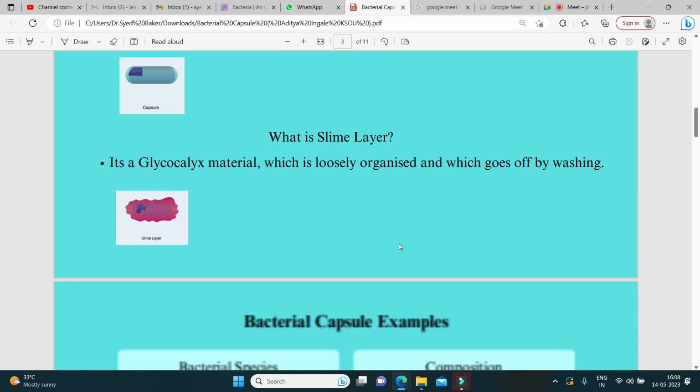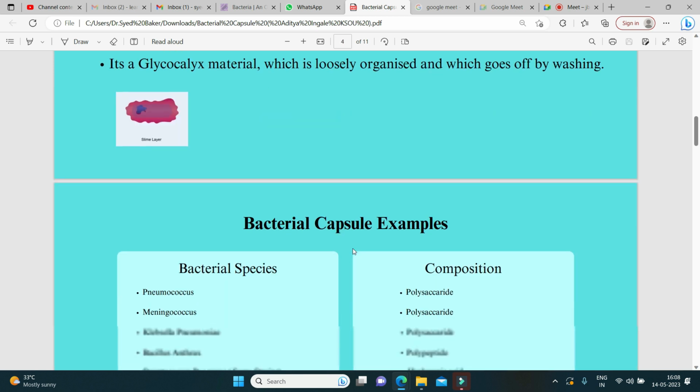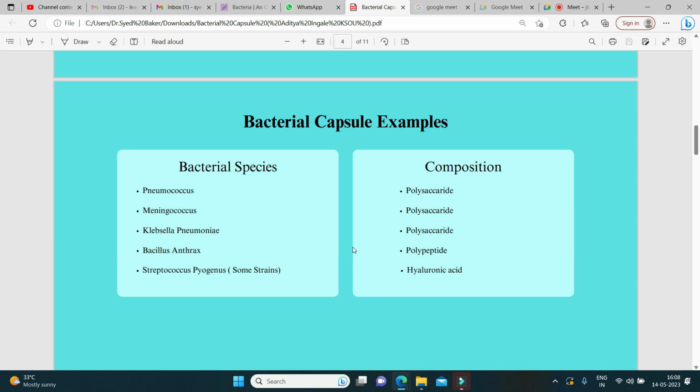Further, as we go ahead, we'll find that the bacterial capsule is mostly composed of polysaccharides. The most frequently found composition of the bacterial capsule is polysaccharide.